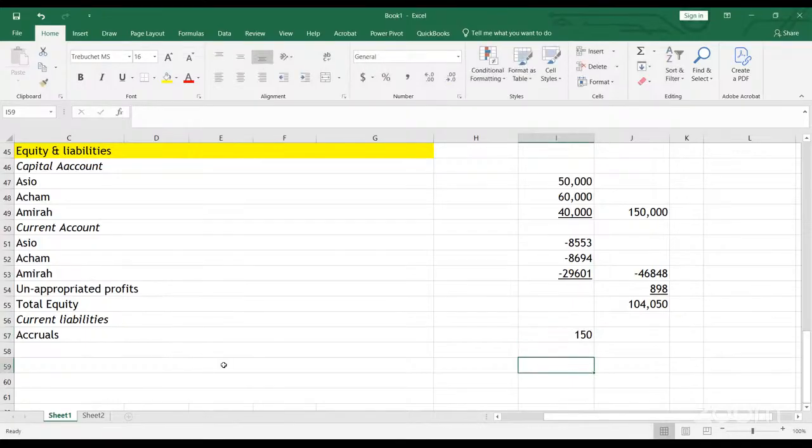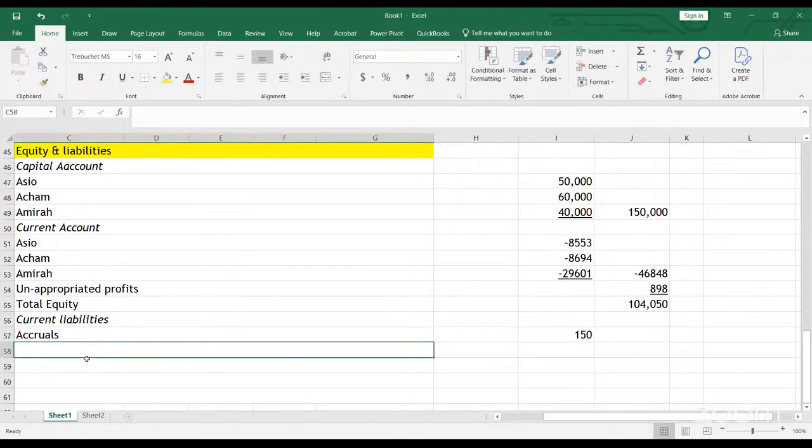This is 150. Then we have the prepayments, that is prepaid incomes. Prepaid incomes will appear under the prepayments. And in the trial balance, what is the prepaid income?